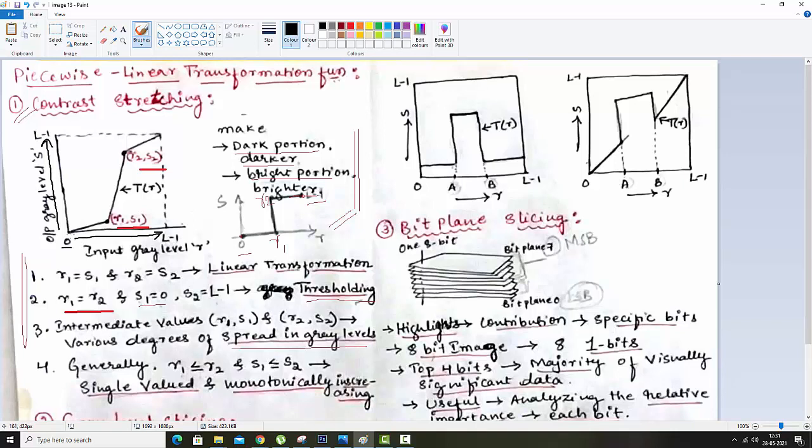So if we produce a graph like this where we have 2 points, R1 and R2, what happens if R1 equals S1, and R2 becomes equal to S2, both of them are equal?